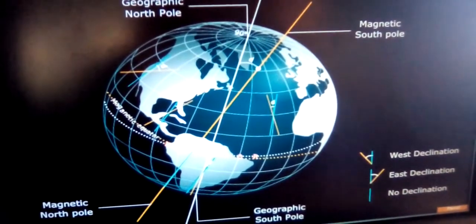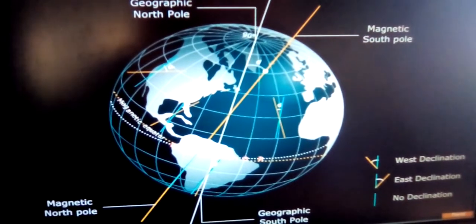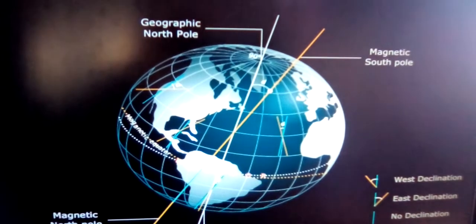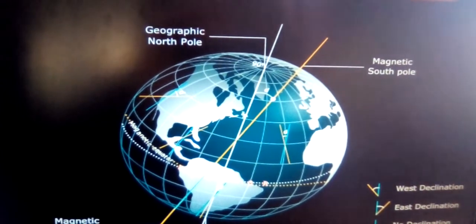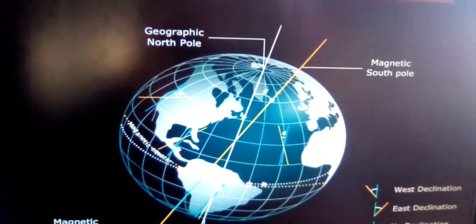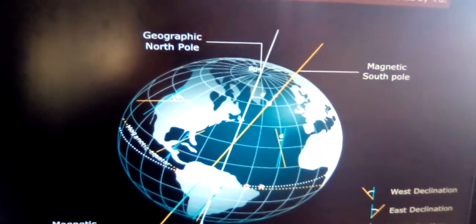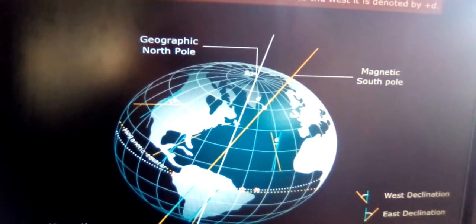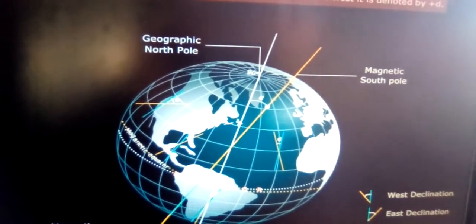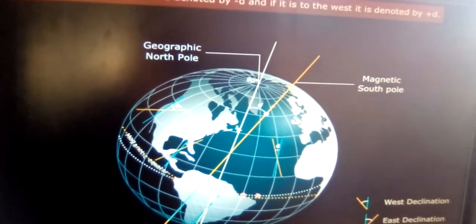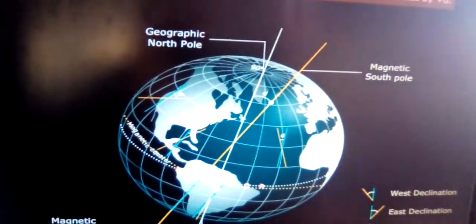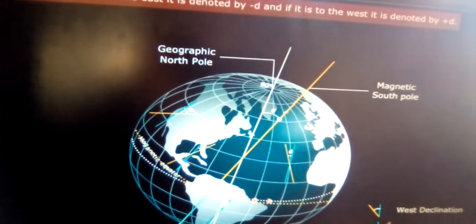That is why when we suspend our magnet freely, it rests in a north-south direction. For a freely suspended magnet, its north end will point to where the Earth's south is.